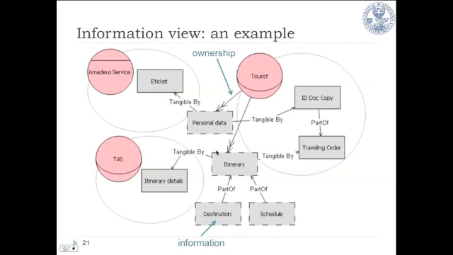On the other hand, itinerary information is made tangible by both traveling order document and itinerary details. As I said, part of captures the structure of information. So itinerary information, we assume it's composed of information regarding destination and schedule. So these information pieces are considered to be part of itinerary information.